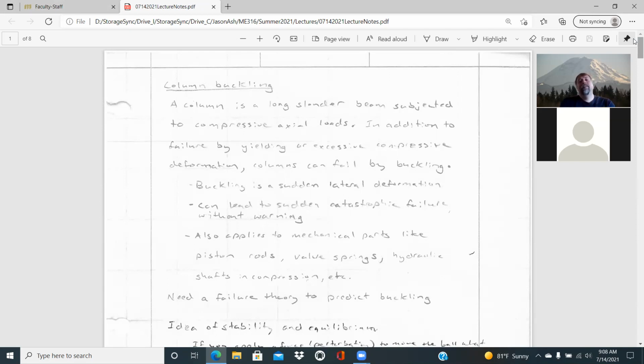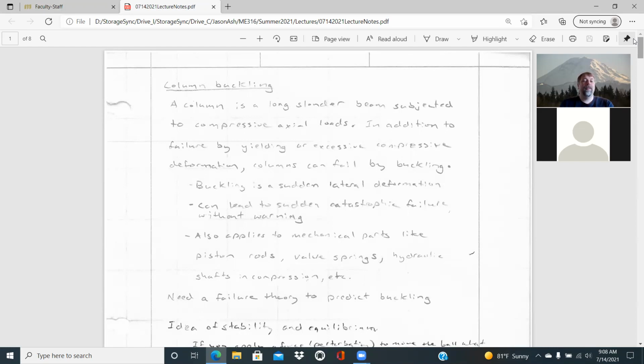The main difficulty with the buckling failure mechanism is that it can lead to a sudden and catastrophic failure without any warning at all. At one point it's able to withstand the compressive load, and in the next instant it's not able to do that anymore.